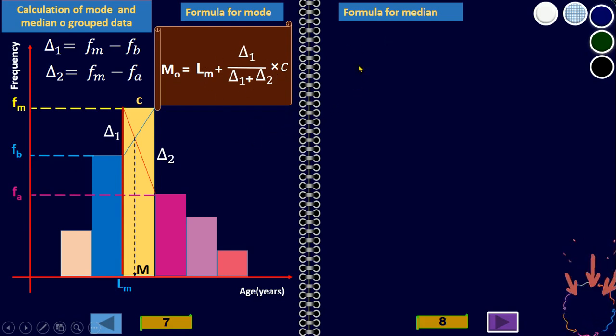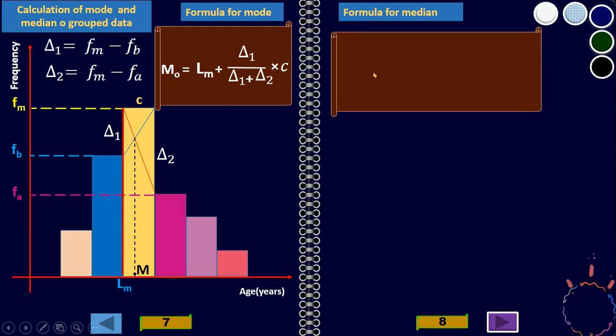The next we are going to look at is the formula for the calculation of median. This is the median. It's also calculated using the lower class boundary of the median class, plus the total frequency divided by 2 minus the cumulative frequency up to the class before the median class.